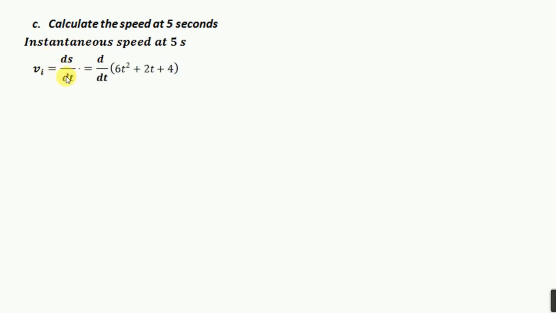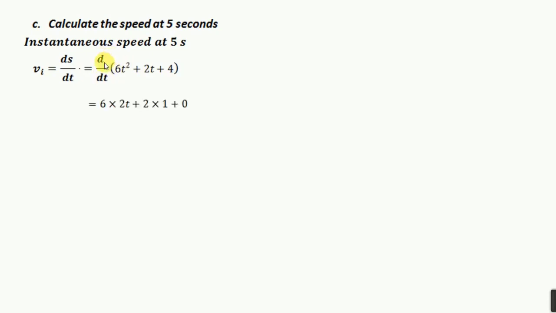Now the last question, calculate the speed at 5 seconds, that is the instantaneous speed at 5 seconds. To get the instantaneous speed I have to differentiate the distance with respect to time. So ds upon dt, I'm putting the equation of s.